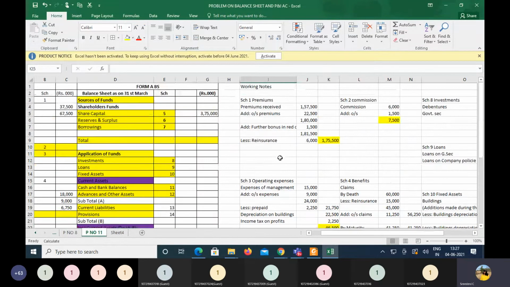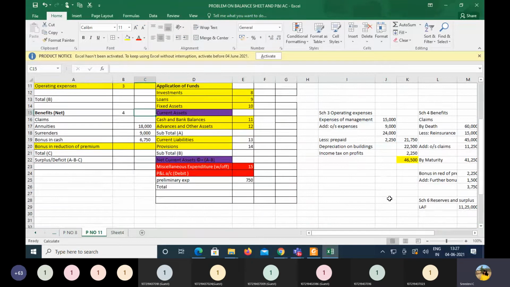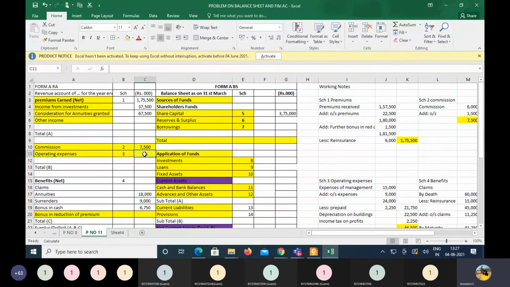Okay, first let us go item wise. First is the premium. The amount of the premiums over here is 1,75,500. Then we already got income from investments, consideration and other income. Now let's go with the commission. Commission is 7,500. Then operating expenses here is 46,500.